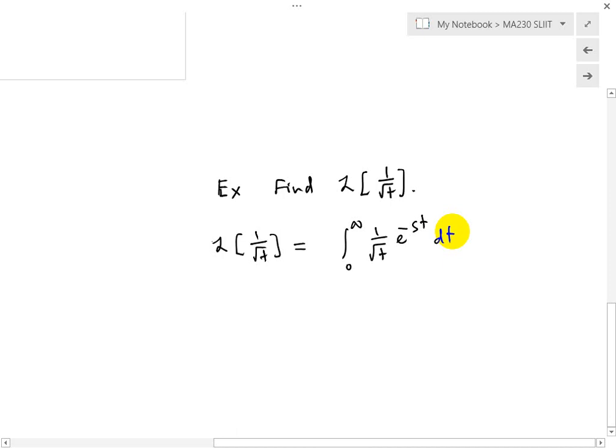Now to do this, let's say we use a substitution. Let's say st we take as tau.